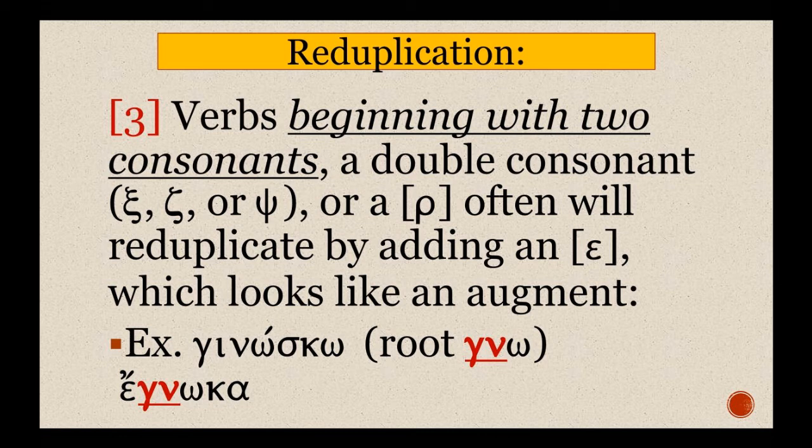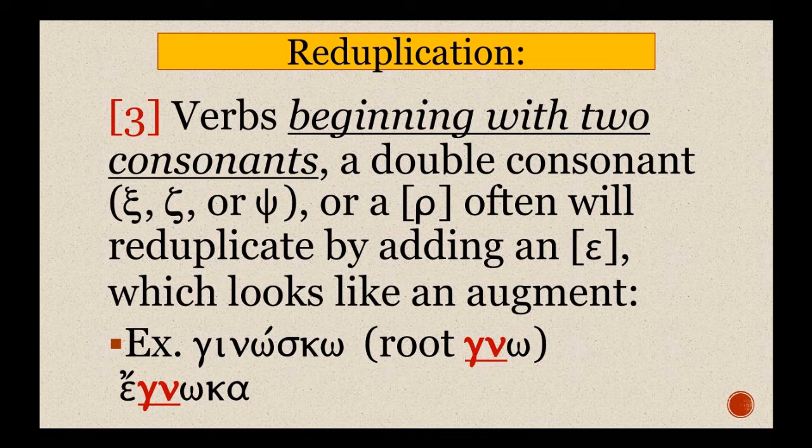So here we have gnosko. But the root of gnosko is gno, like in our English K-N-O, for to know. Well, that's where we get it from, gno, to know. Gnosis, so sis at the end, is the act of gno, knowing.